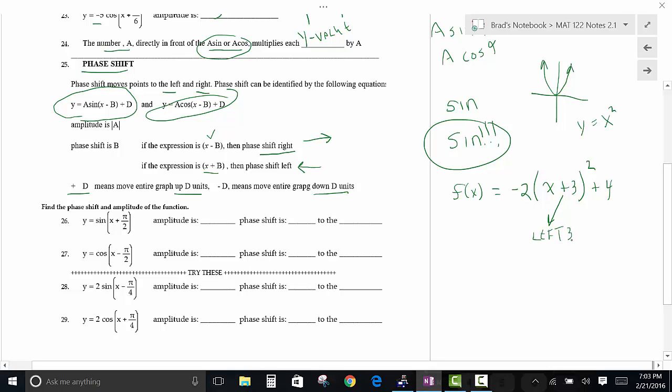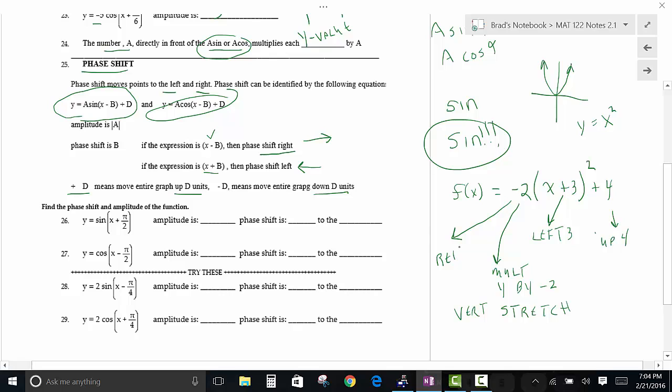Well, that's what we're doing with a phase shift, just moving left and right. You also would have learned that if you're adding outside of that function, that takes you up 4 because the y values get bigger. And since you're multiplying y by negative 2, you're making the y values bigger, so you're doing a vertical stretch, and that negative makes the y's go to the opposite, so you're doing a reflection over the x-axis.